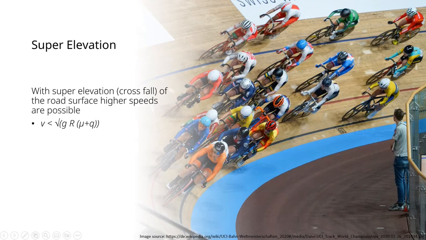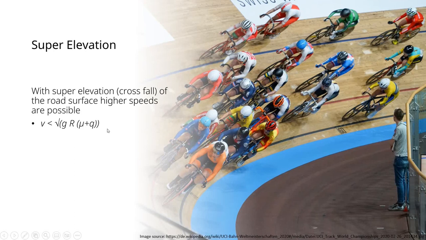Then we have, of course, for roads usually a super elevation, a cross slope, which mostly is in favor of the driver in curves. Sometimes that cannot be implemented, but in most cases it helps, like it helps the cyclists. So it's leaning to the outside of the curve, so the outer side of the curve is higher.